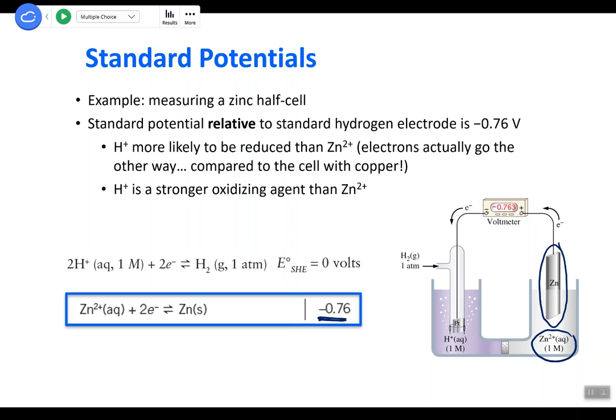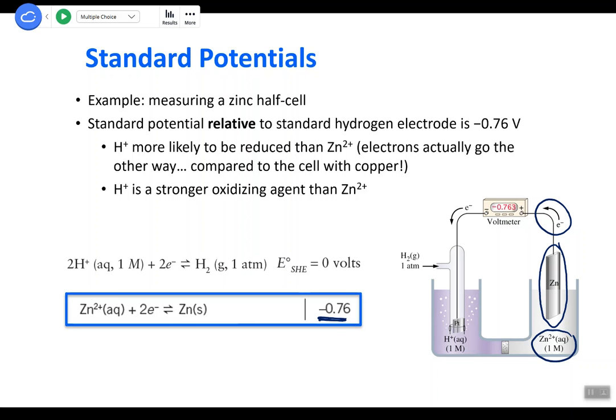If you compare this image to the previous one, you'll see that the electrons have actually changed direction. Whatever process is happening spontaneously, it's now happening in the backwards direction.